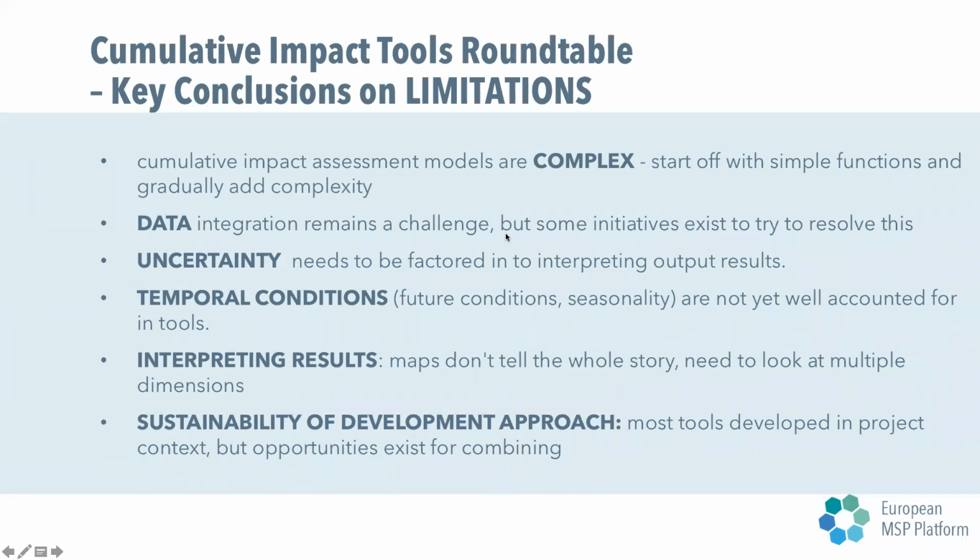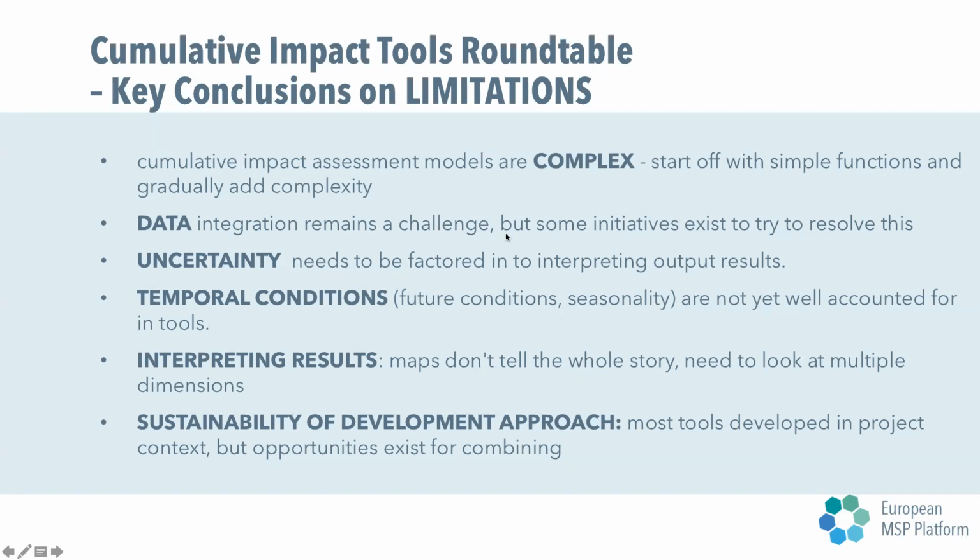Another limitation has to do with temporal conditions. This is related to seasonality or anticipated future conditions or effects over time. And this is an area that some of the tools presented during the roundtable are seeking to improve on specifically.